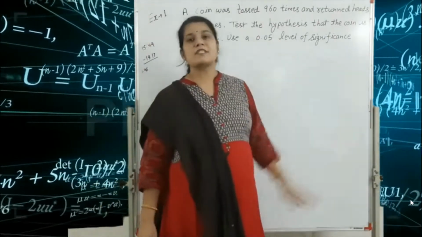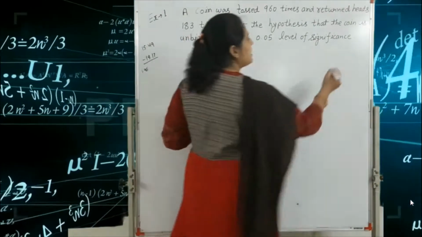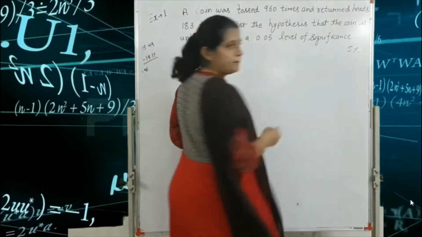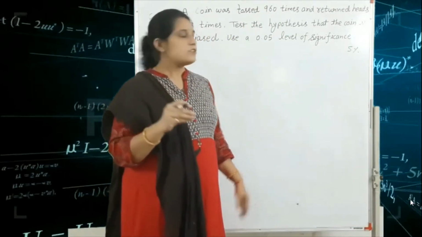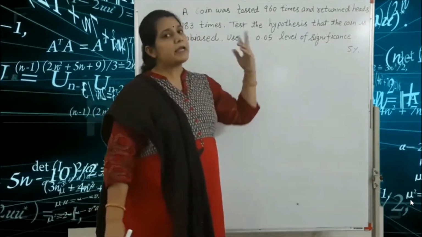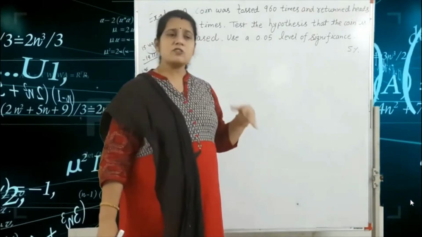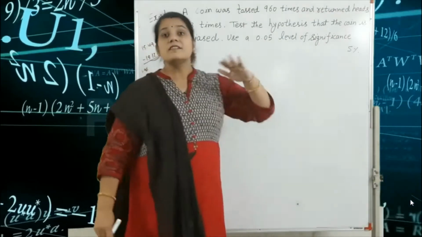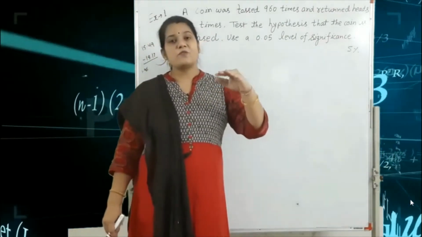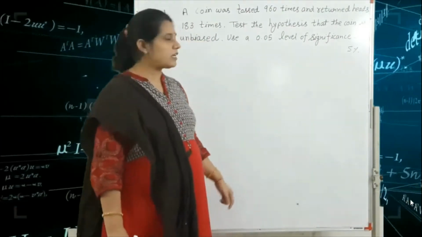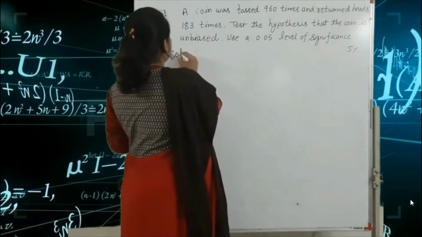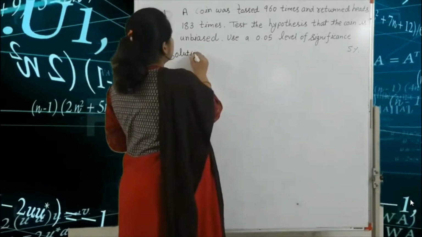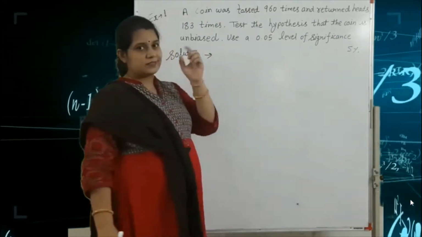Use a 0.05 level of significance. Sometimes we write the level of significance as 5%, so 5 by 100, that means 0.05. Sometimes it is given as 5% level of significance, or sometimes we write 0.05 level of significance. Okay, let's start the solution. In the solution, first we write the number of samples.